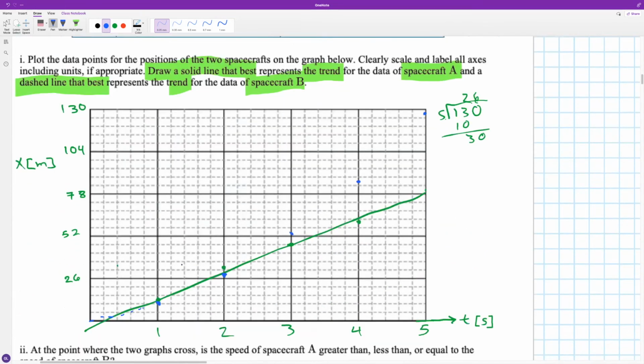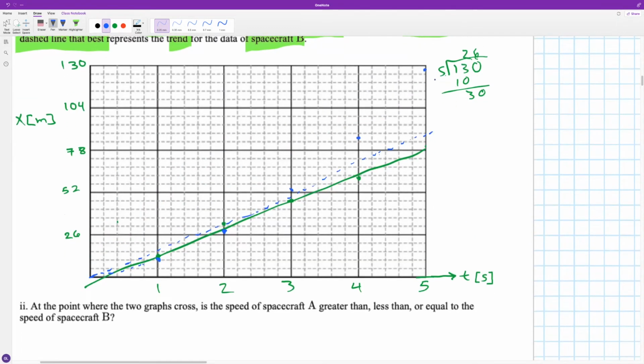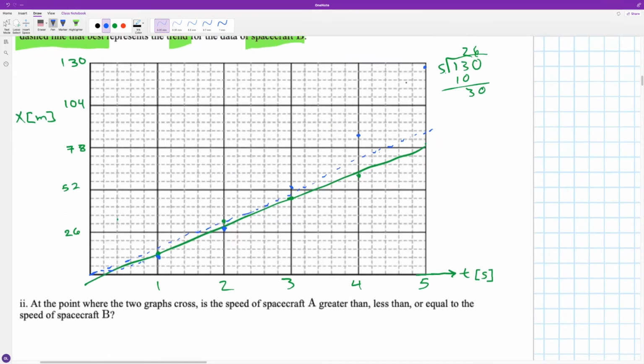So let's draw a dashed line. It doesn't really look like we're getting a linear fit after about 3-ish seconds. Something's going on here, but I don't know if they want us to actually draw a parabola to fit that, because they do say line instead of curve. So I'd be a little hesitant.